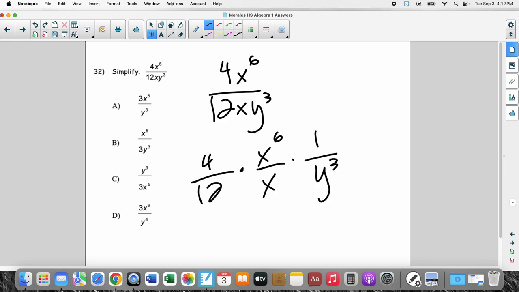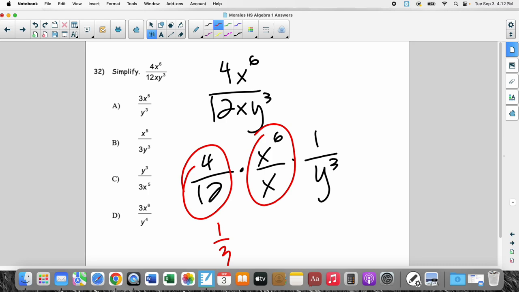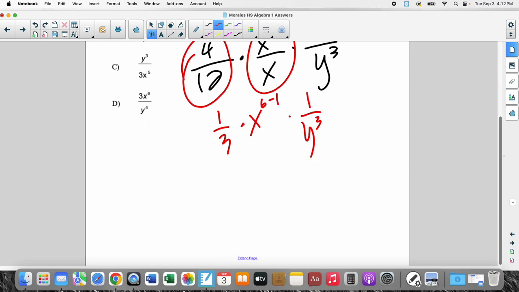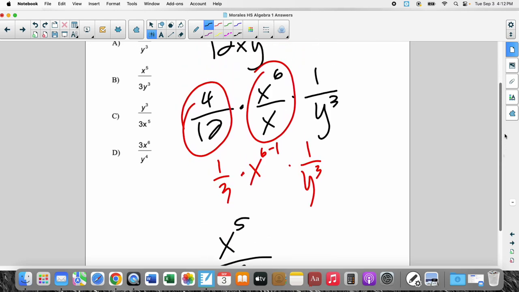So this is going to be simplified to 1/3. This is going to be simplified to x to the 6th minus 1, and this is going to stay down in the denominator. So x to the 6th minus 1 is 5 in the numerator. Then you have the 3 in the denominator and y to the 3rd in the denominator. So x to the 5th over 3y to the 3rd.